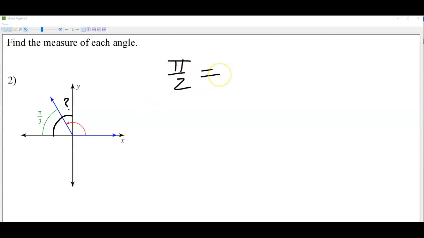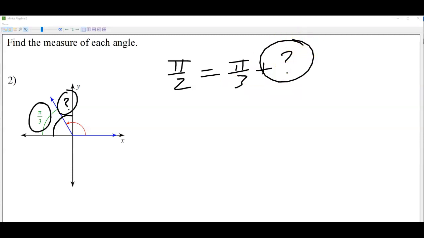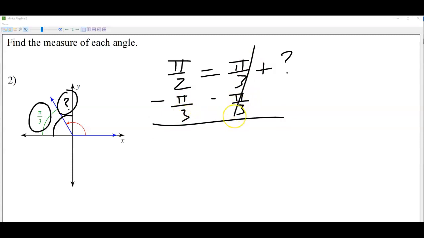Now, pi over 2, in this case, is going to be pi over 3 plus something. Okay, so I want to know what is my something. Well, to do that, I need to subtract both sides by pi over 3. So over here, that's gone. And now I've got pi over 2 minus pi over 3.